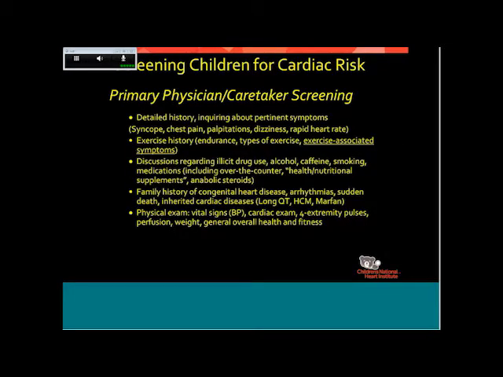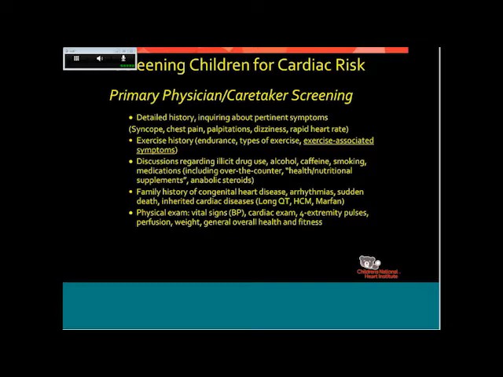So you, as physicians and primary caretakers, have a much harder challenge than the cardiologist, because a lot needs to be done to identify these rare patients.